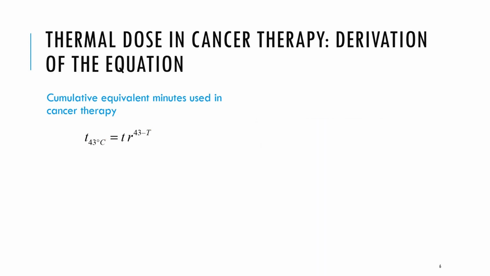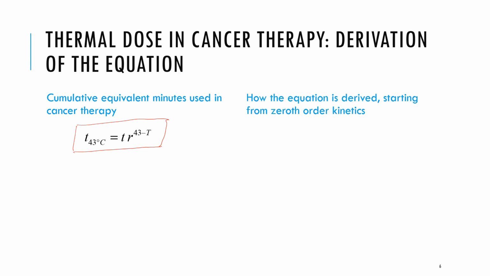We will see that this equation can be derived from zeroth order kinetics. Recall, zeroth order kinetics is written as d omega dt is equal to some constant, the zeroth order kinetics constant, if you'd like, omega to the 0 is equal to k.